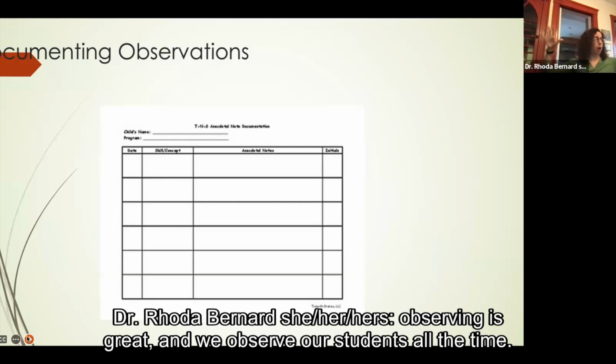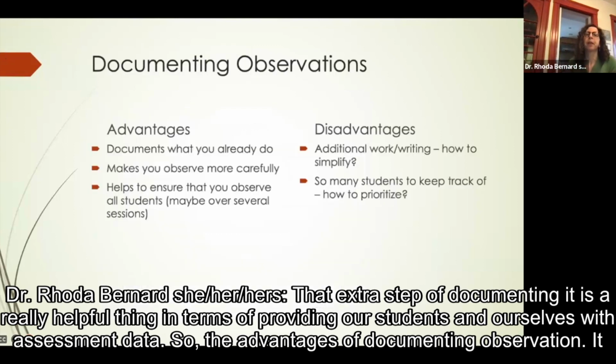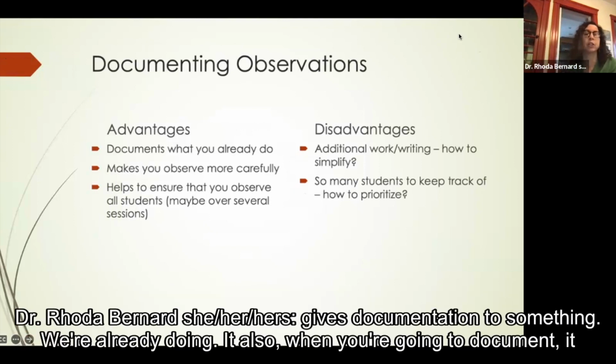Observing is great, and we observe our students all the time. That extra step of documenting it is a really helpful thing in terms of providing our students and ourselves with assessment data. So the advantages of documenting observation: it gives documentation to something we're already doing.